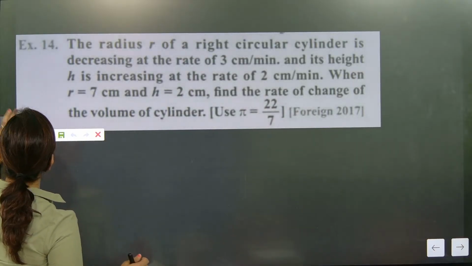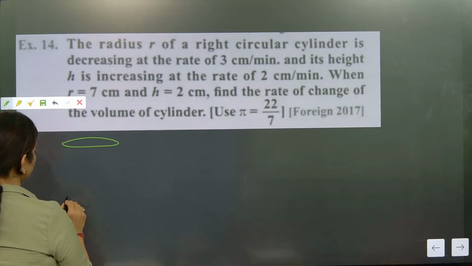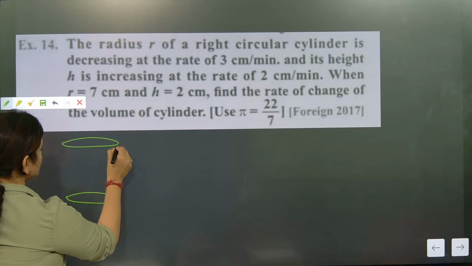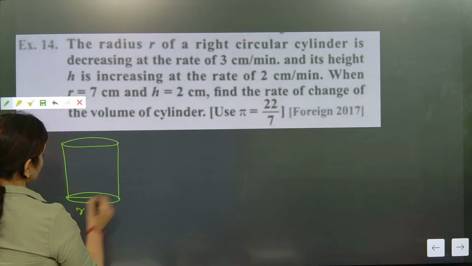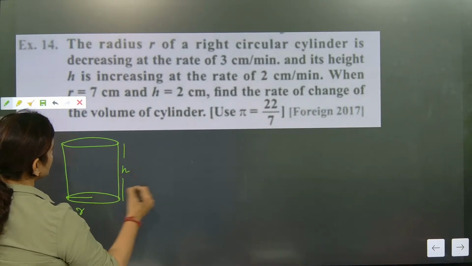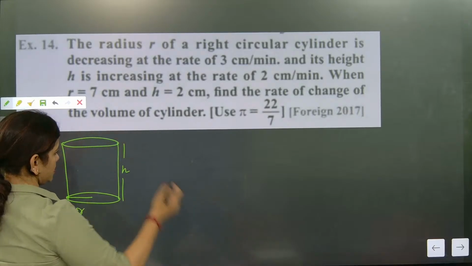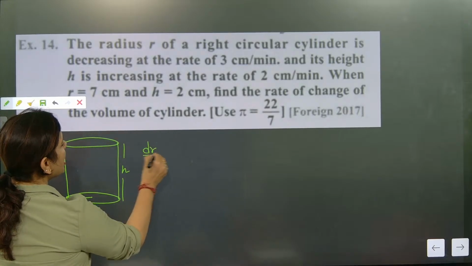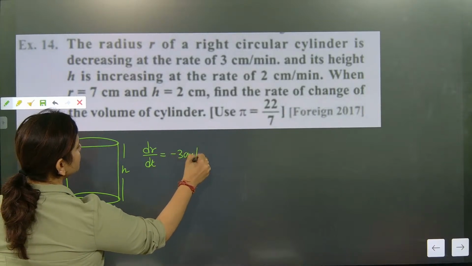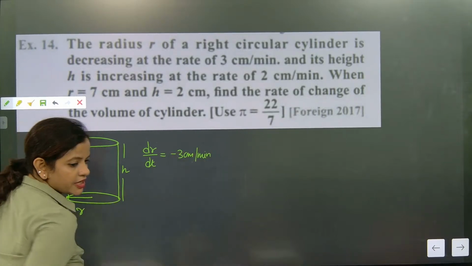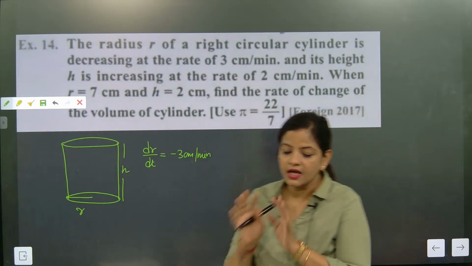This is a right circular cylinder, and this is exactly h. Now the radius r is decreasing, so dr by dt is equal to minus 3 centimeter per minute, because it is decreasing.